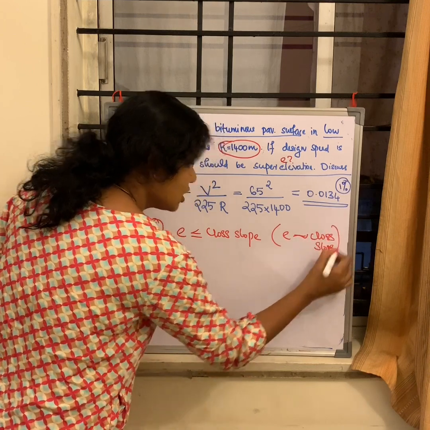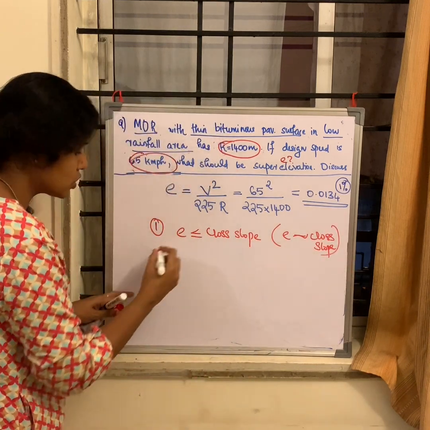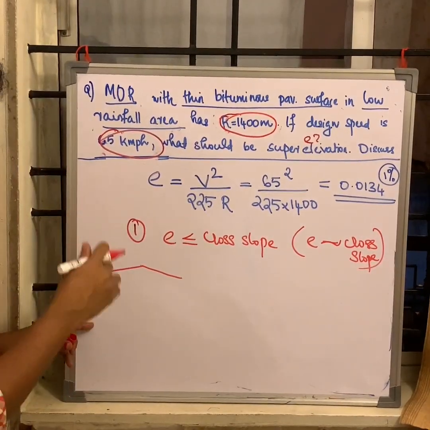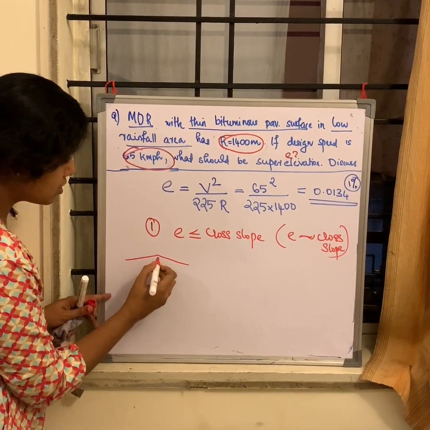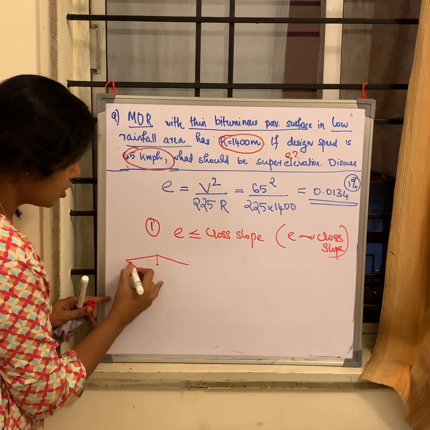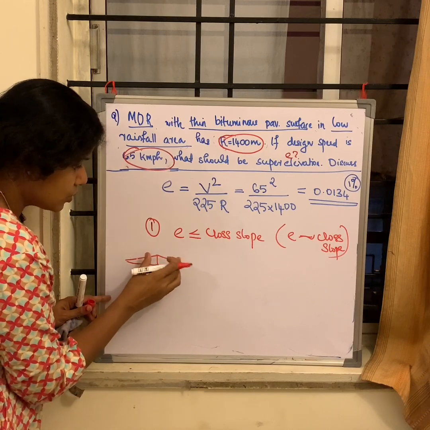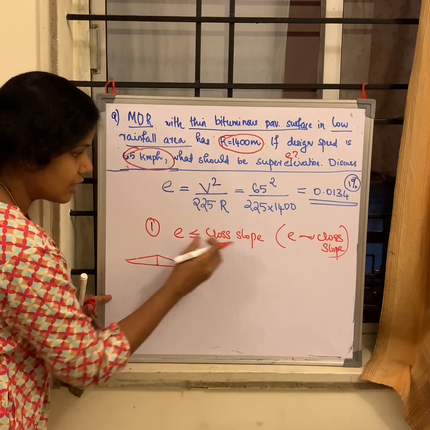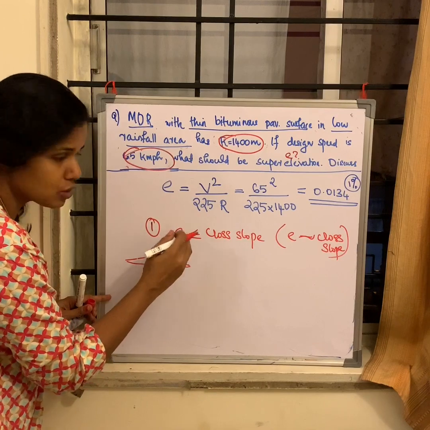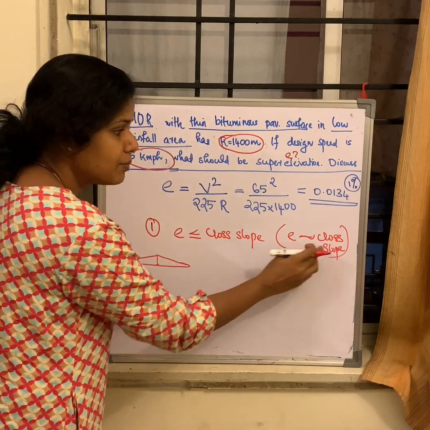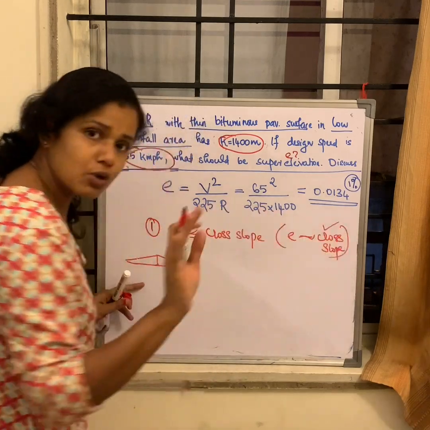Cross slope is nothing but to drain off the surface run water, so you raise the center. This is the crown. If the cross slope value is higher than the super elevation, or the super elevation is closer to or less than the cross slope, then you can limit the super elevation value to the cross slope itself.